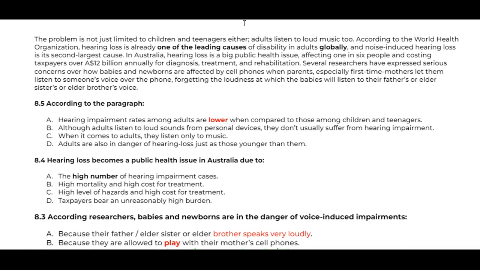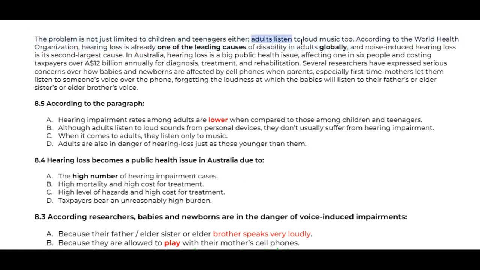Second one, although adults listen to loud sounds from personal devices, they don't usually suffer from hearing impairment. Where is it found that, okay, the problem is not just limited to children and teenagers either. Adults listen to loud music too.